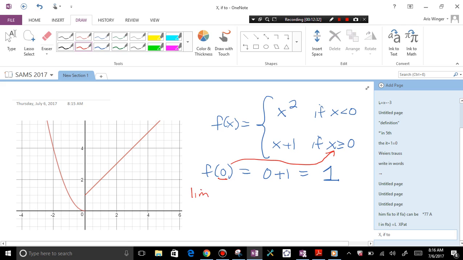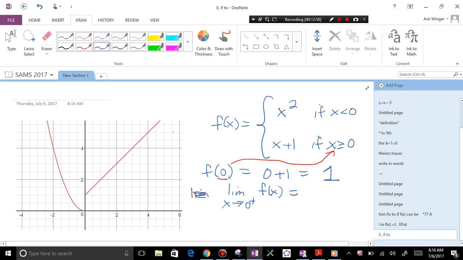The limit as x tends to 0 from the right of f of x is asking what happens on the function. Remember, f represents the y value. Y equals f of x.